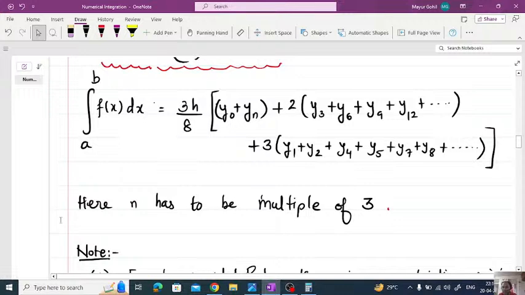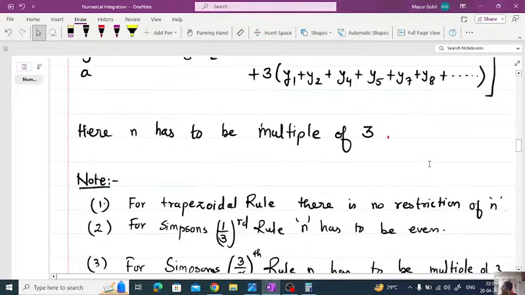See the formula. 2 times y3, y6, y9, y12, all that is written, and 3 times the remaining: y1, y2, y4, y5, y7. Got that? Hello, are you following? Mr. Minal, Mr. Palkar, are you following?